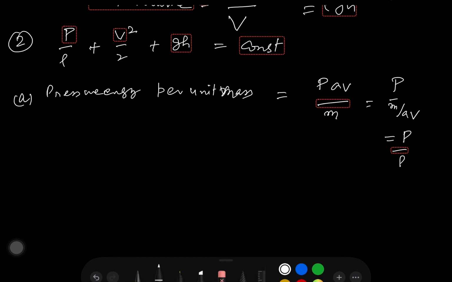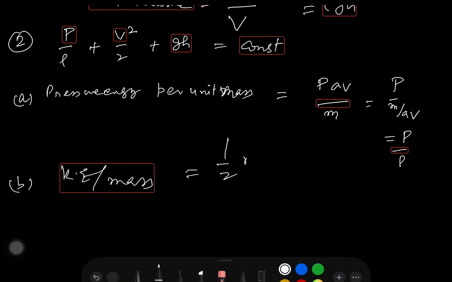So here it comes pressure energy per unit mass. Always remember it is P upon rho. You have to remember it separately.